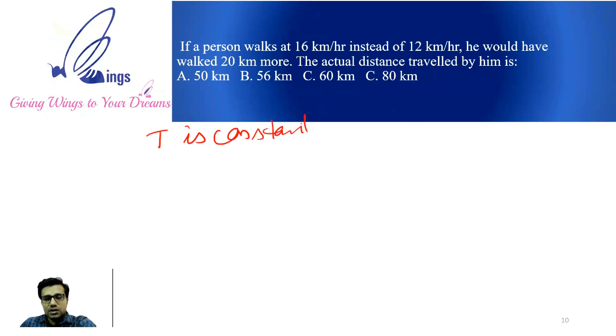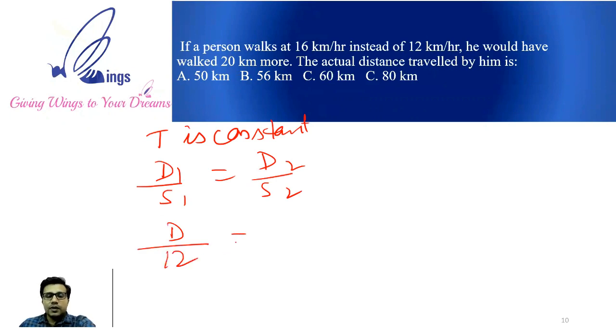And because T is constant, the formula will be d1 by s1 is equal to d2 by s2. Let's put the values. D1 is, let's say D, and S1 is 12 kilometer per hour, D2 is D plus 20, S2 is 16 kilometer per hour.